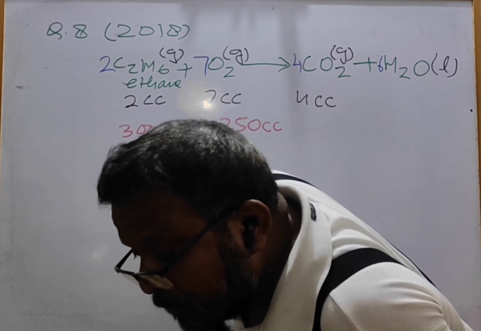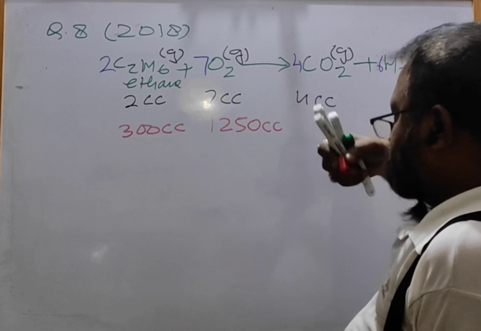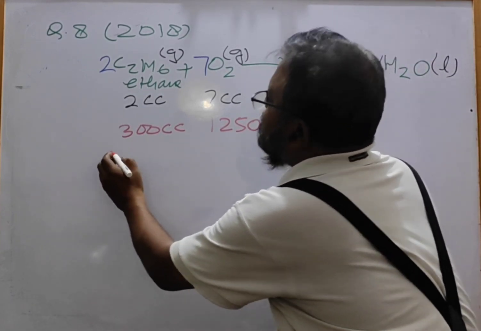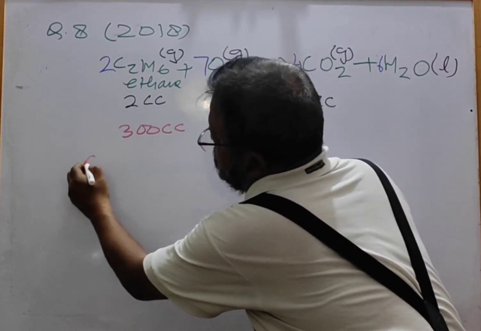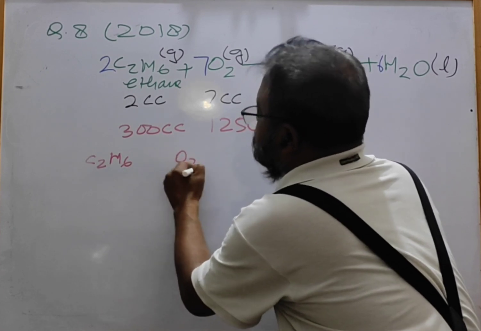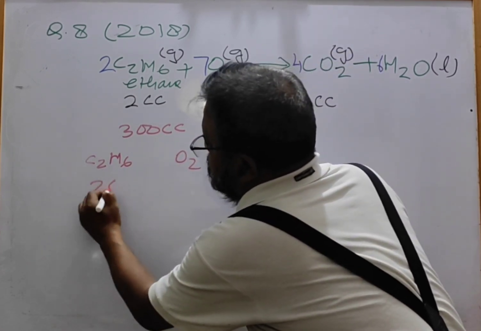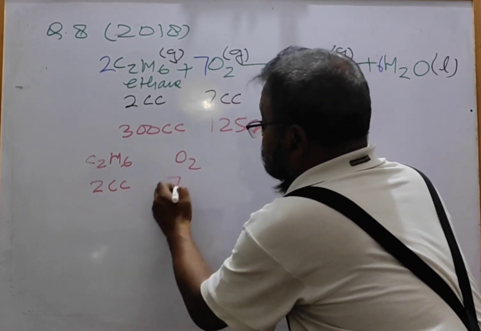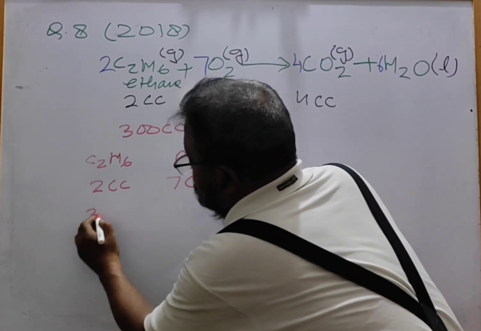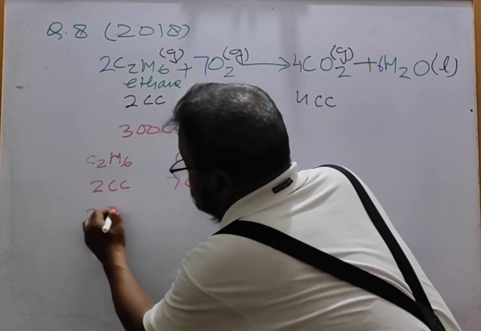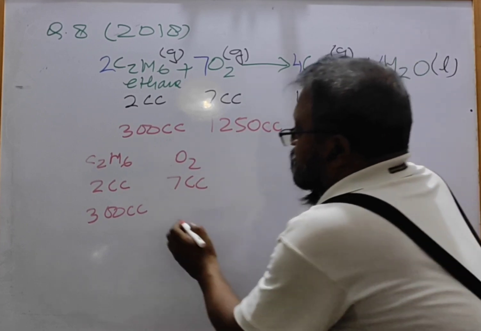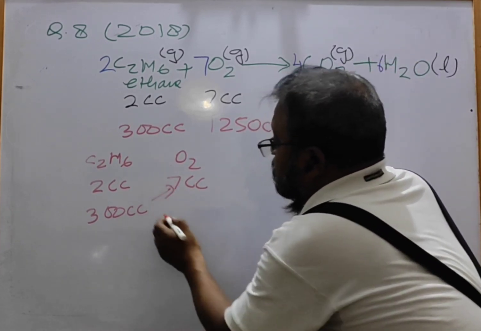Find the volume of unused oxygen. Again we go for the unitary method. On one side I'll write C2H6, on another side oxygen. 2 cc combines with 7 cc of oxygen, so 300 cc will combine with how much oxygen? Cross multiply and divide.